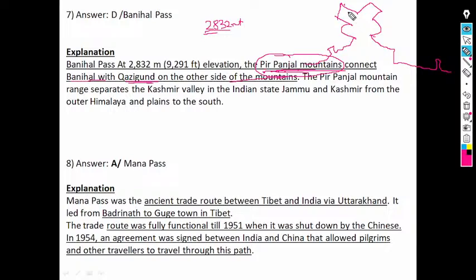This is Karakoram, Ladakh, Kailas, Pir Panjal. Karakoram, Ladakh, Kailas, and Pir Panjal.